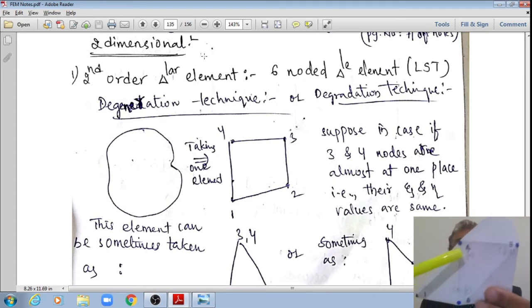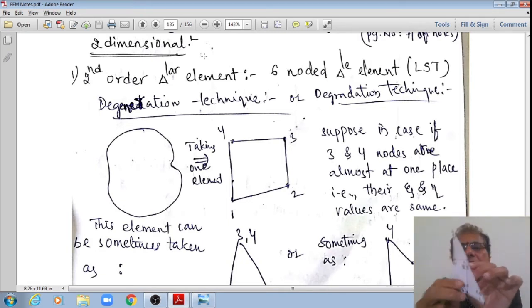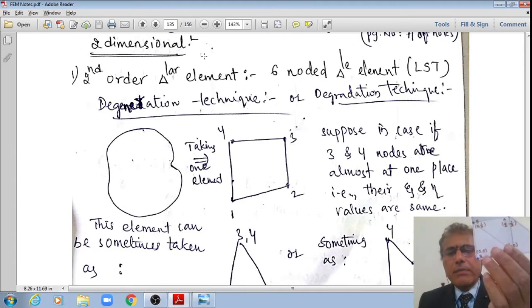Now I'll insert node 4, mid side node 5 and node 6 into that triangle. Then that will become a six noded triangular element, right?